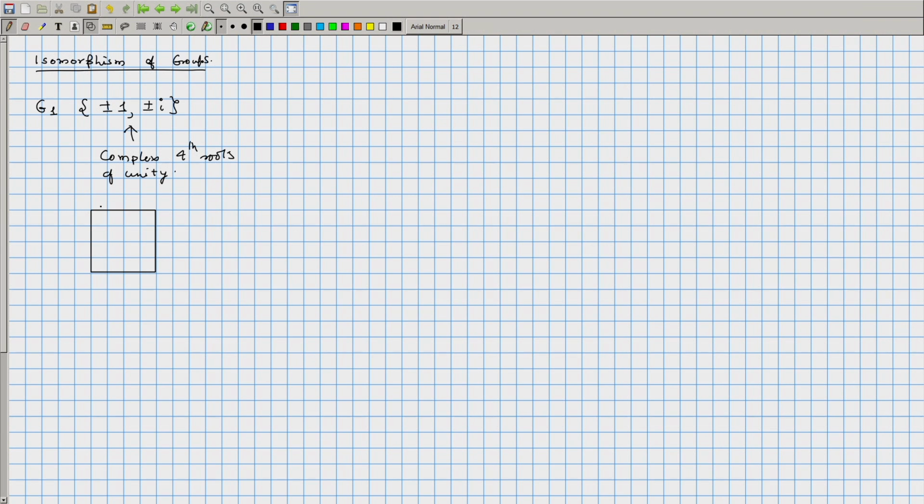Here 1 is the element which serves as the identity; the 4 elements are 1, minus 1, i, minus i, and 1 will leave the elements invariant. Minus 1 squared is 1, i squared is minus 1, minus i squared is also minus 1. And we can fill up this table.